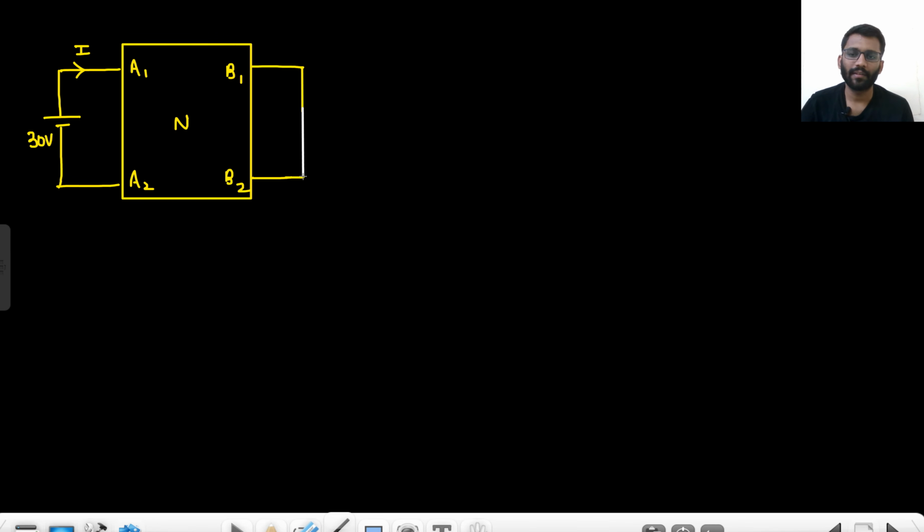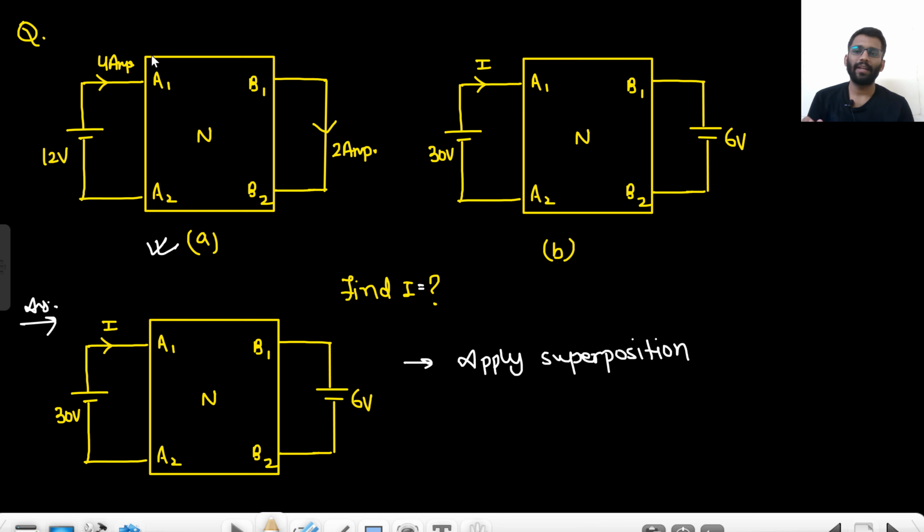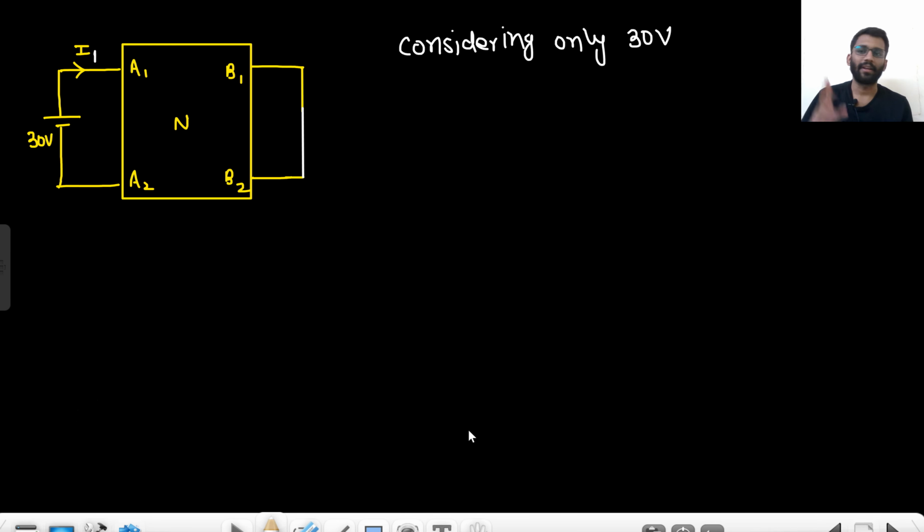Considering only 30 volt, this current would be called I1. For 12 volt there was 4 ampere, and the port is the same.